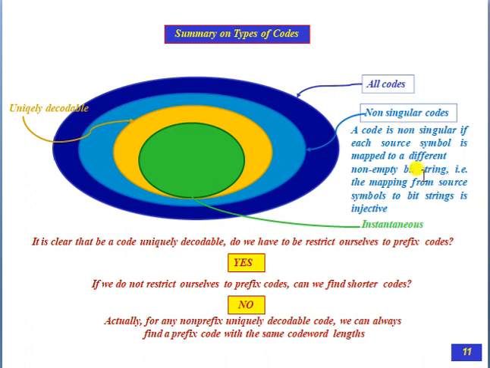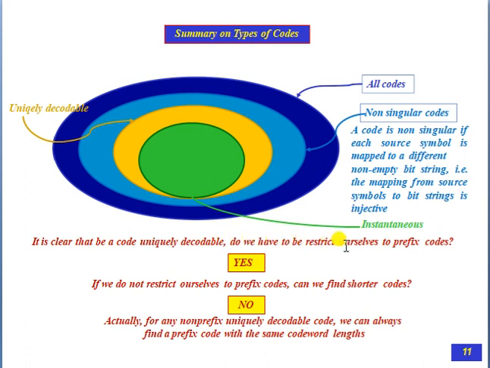That is, the mapping from source symbols to bit strings is injective. Then there are uniquely decodable codes, shown by the color yellow, and green is shown by instantaneous codes. It is clear that a code can be uniquely decodable.